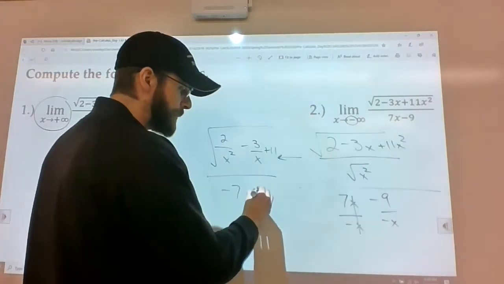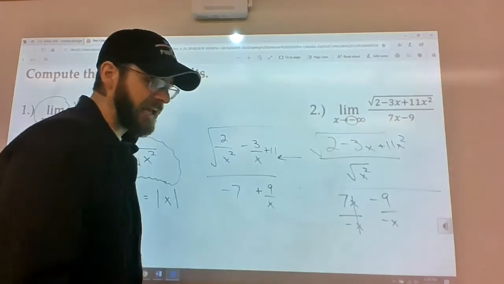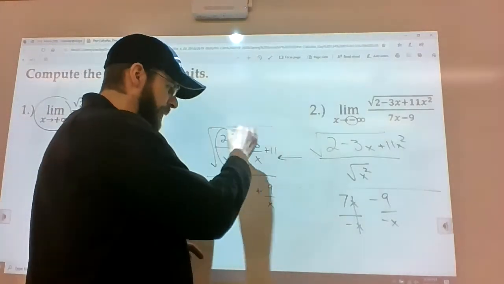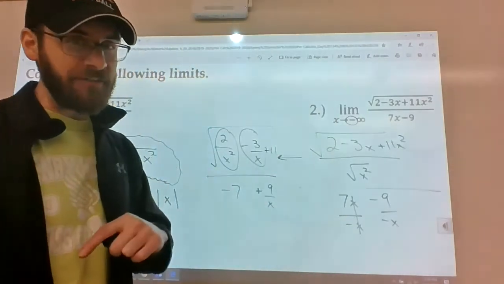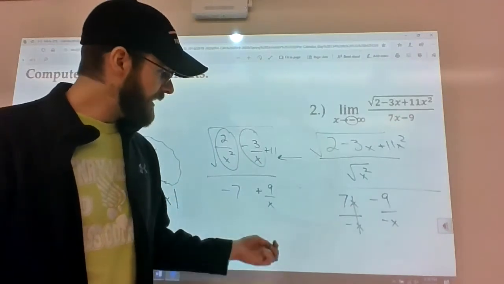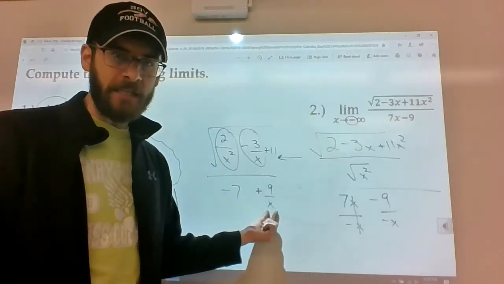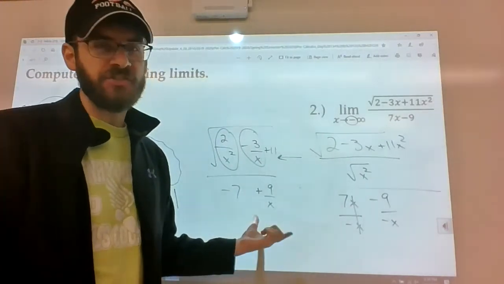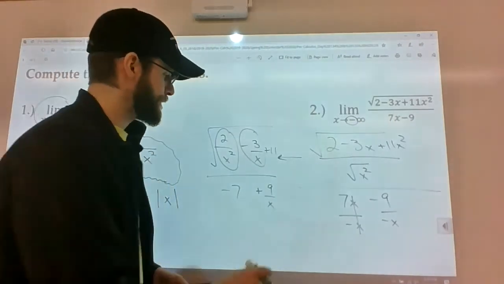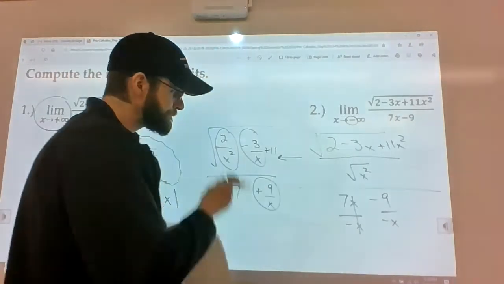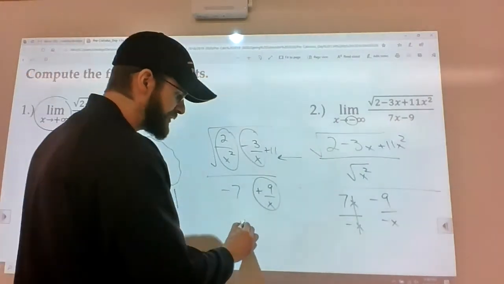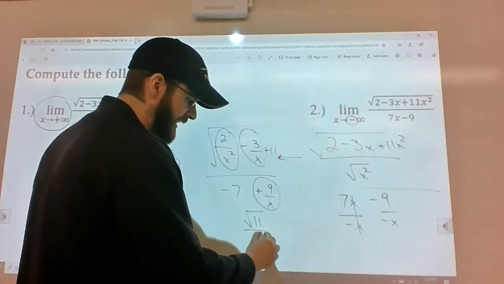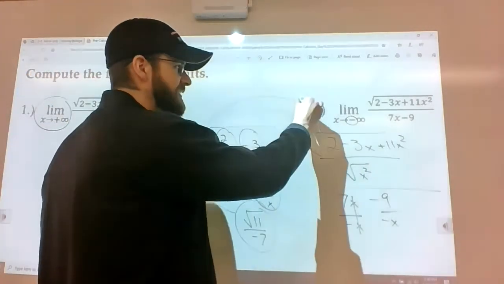It's going to make it plus 9 over x. But again, when you're approaching either negative infinity or positive infinity, the bottom is so astronomically large that it's just 0. So this is root 11 over negative 7. So that's the answer to number 2.